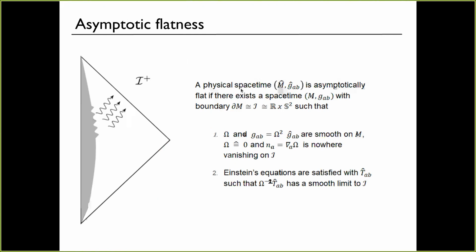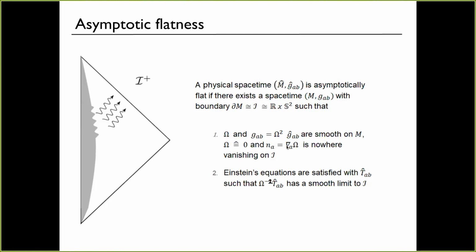So the definition essentially says, if you have a physical spacetime, you can conformally complete it, with M and g, where this g is exactly that omega squared times g hat like you saw, and such that your boundary, which is this scri, has to have topology R cross S2. My omega and my new metric, my conformally completed metric, have to be smooth. Omega has to be 0 on this boundary, which I denote by this hat on top of the equality sign.